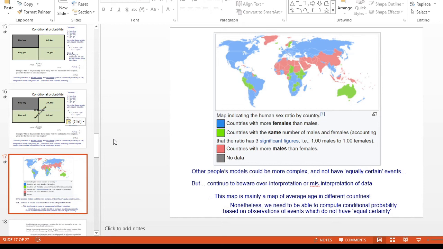Now, here's a map, probably from Wikipedia, indicating human sex ratio by country. Countries which are coloured in blue on this choropleth have more females than males. Countries which are coloured in red have more males than females. Countries which are green have the same number to within 3 significant figures.